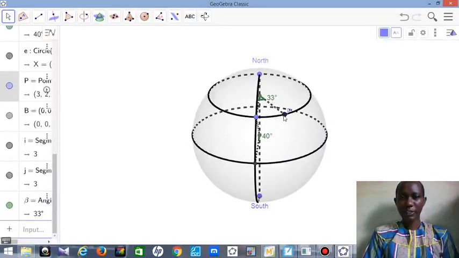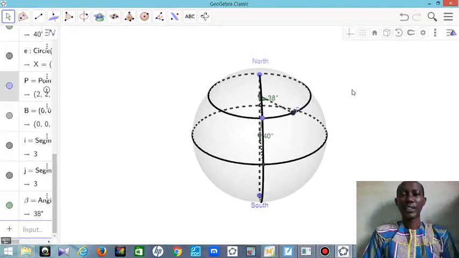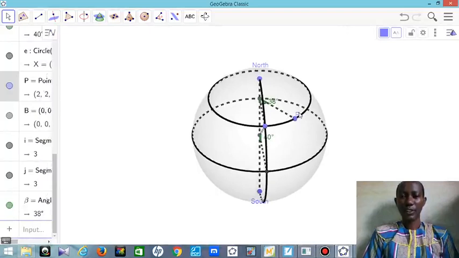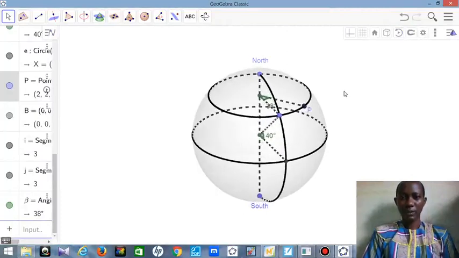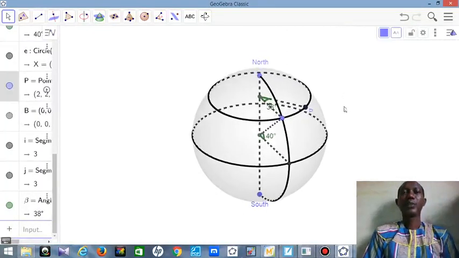You can see it now move 38 degrees east. So that is the point P. I just want you to see it clearly. That's why I'm doing this, so you can view it very well. So that is the first point P.